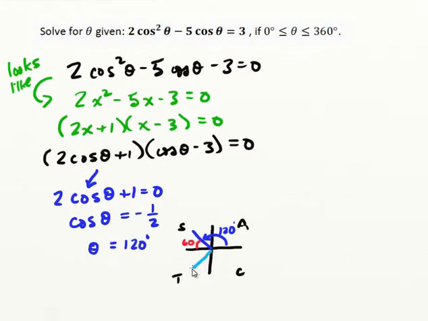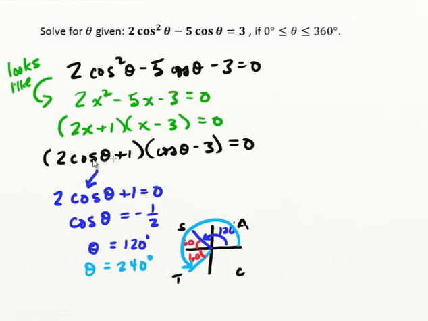So if I put another terminal arm there, and if I include the same related acute angle of 60, then the angle starting from here and terminating here is actually 180 plus 60, or theta equals 240 degrees. Those are the two answers, and they do fall within the range of 0 to 360 for this first factor.